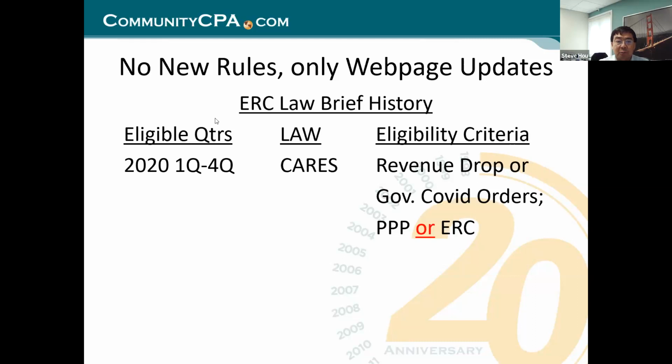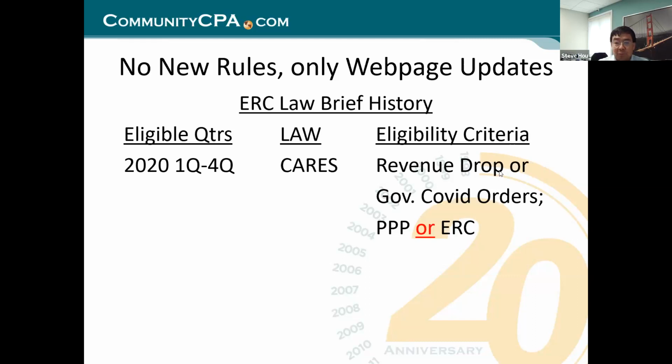The ERC eligible quarters were only the quarters in 2020, the first quarter all the way through the fourth quarter. And there were two eligibility criteria.